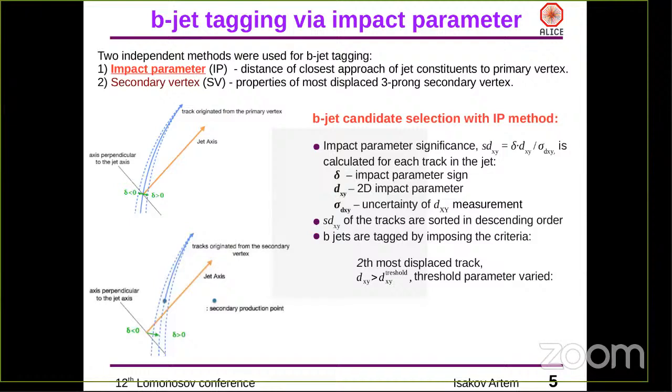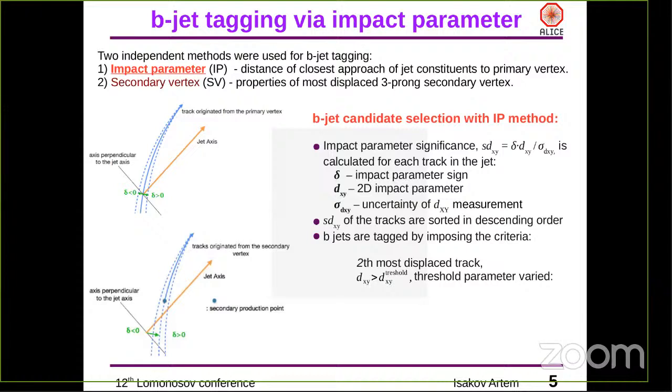So in ALICE, we have two independent methods for b-jet tagging. The first one is the impact parameter method, which utilizes the distance of closest approach of a jet constituent to the primary vertex. It's known that tracks originating from the primary vertex can be characterized by a smaller distance of closest approach in comparison with tracks which come from a secondary vertex.